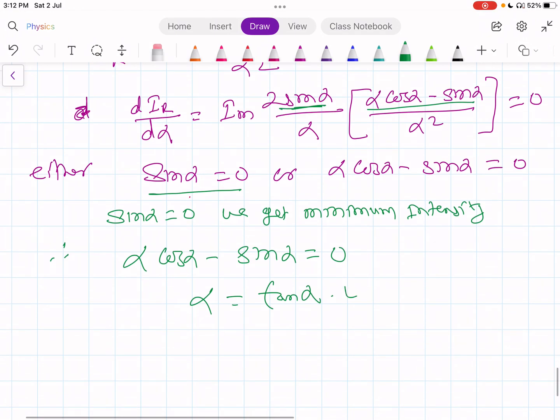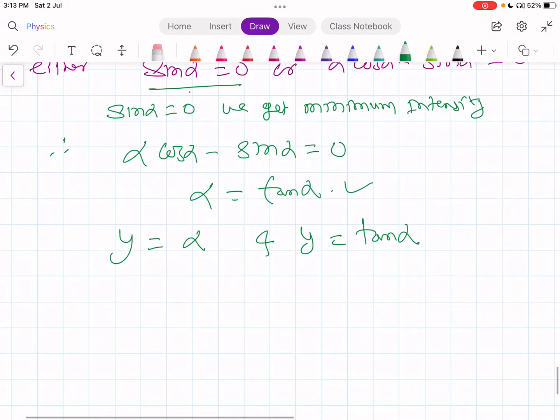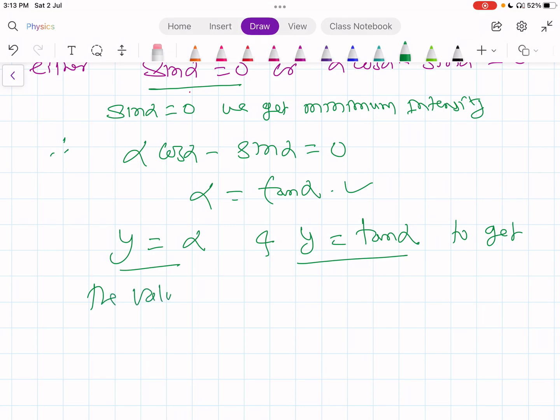Now this equation we cannot solve directly. To solve this equation, we have to plot a graph of y equals to alpha and y equals to tan alpha to get the values of alpha.